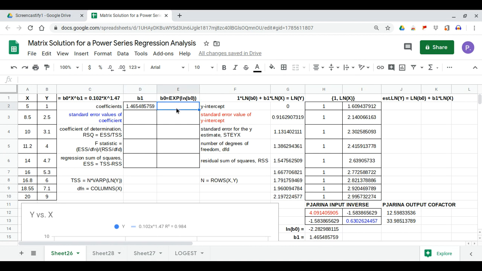B0 equals the exponent of ln B0, so we have 0.1019, which is rounded off as 0.102. Now that we have both coefficients, we can calculate the estimated ln y hat, which is equal to MMULT of this matrix and the coefficient.